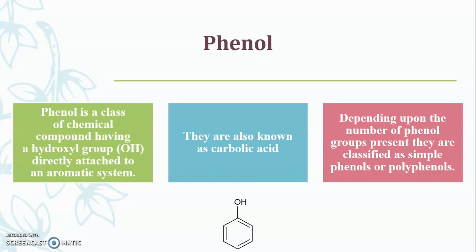So that is the basic difference between phenol and alcohol: alcohols consist of a hydroxyl group which is neutral in nature and attached to a saturated system, while in phenol the hydroxyl group is attached to the aromatic system. The hydroxyl group in phenol is known as the phenolic hydroxyl group, and the hydroxyl group present in alcohol is known as the alcoholic functional group.